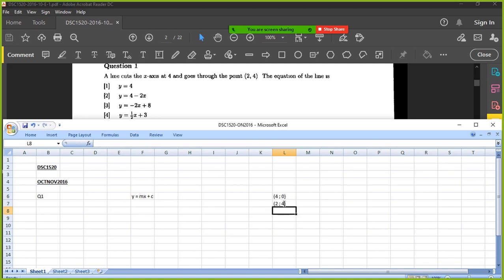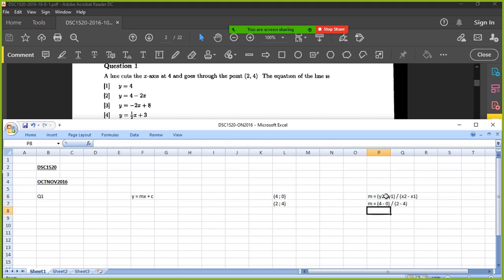So when you have 2 points, you can use m equals (y2 minus y1) over (x2 minus x1), and then you're literally just plugging in the values. So y2 would be 4 minus 0, over x2, 2 minus 4.